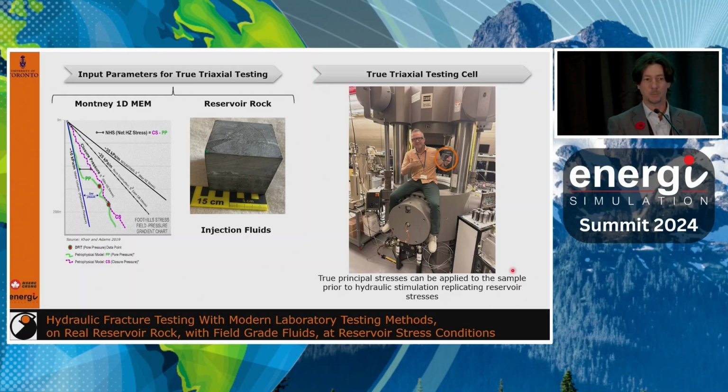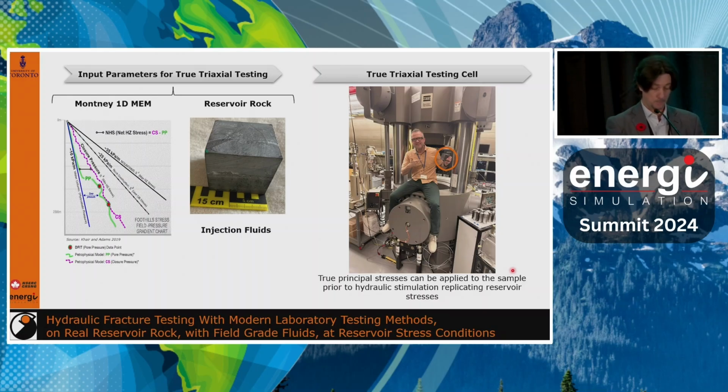We're using that big machine to apply the stress conditions that rock experiences at depth. We modified the loading platen to incorporate a mini packer that could be inserted in a mini well that we drilled to the center of the cube, and we could hydraulically fracture the samples in the lab under the same stress conditions we thought the rock would experience.